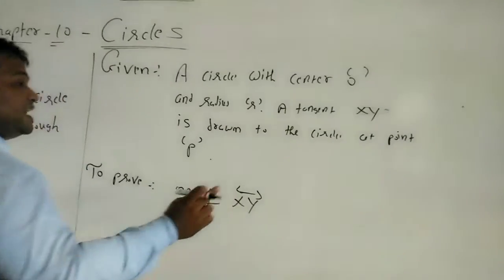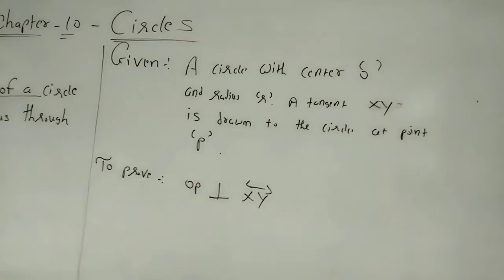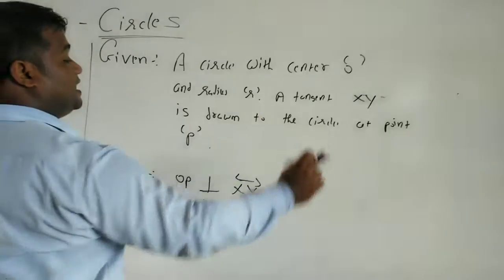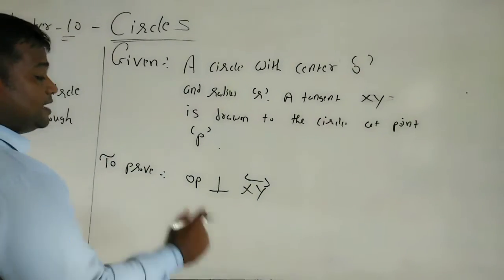What is XY? XY is the tangent, drawn to the circle at point P.